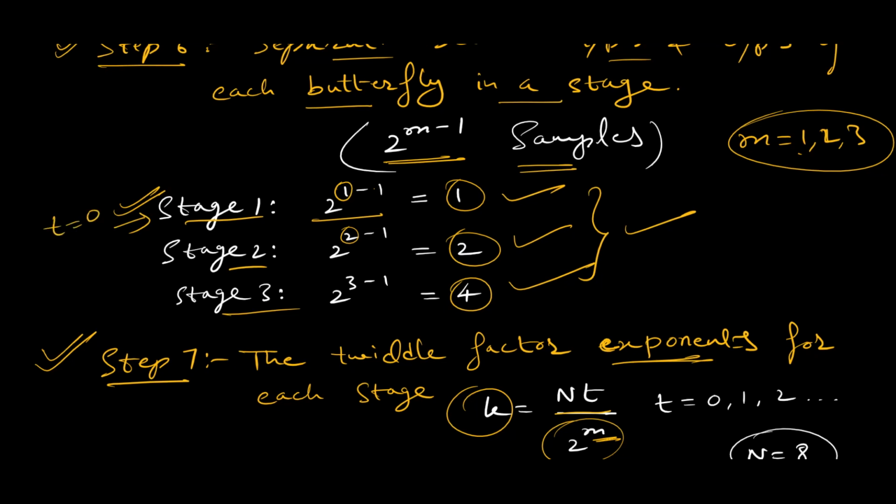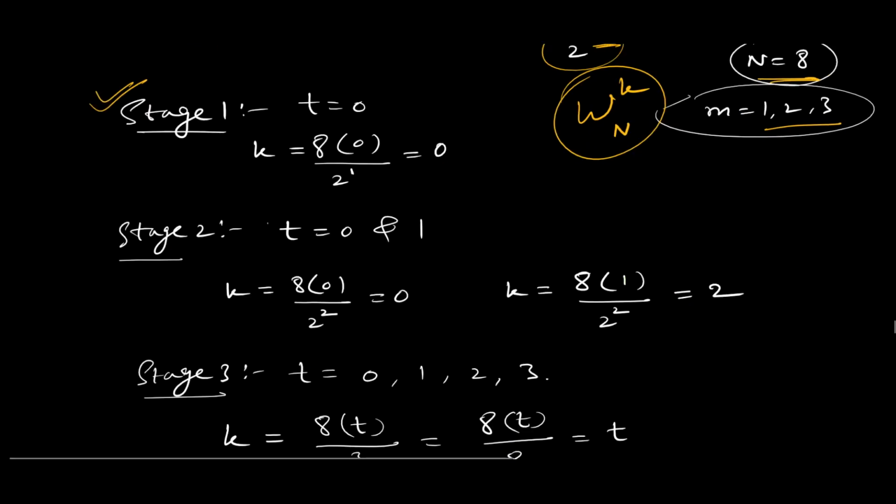For stage 2 we'll be considering t equal to 0 and 1, so there are 2 values possible. For stage 3, there are 4 values possible, so t can take 0, 1, 2 and 3. So for stage 1 we'll consider only t equal to 0. So let's substitute t equal to 0.